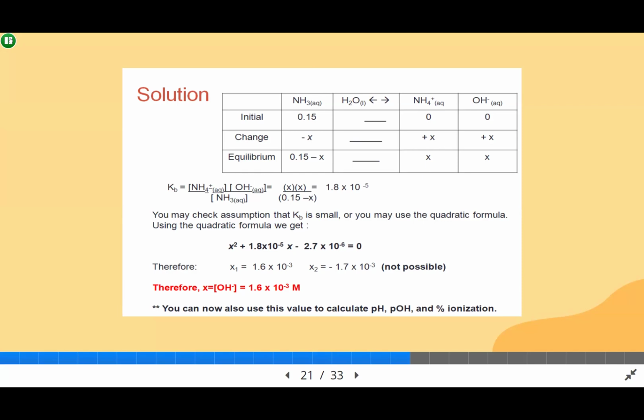Fill those in for X. Solve that, or simplify using the quadratic formula, taking the positive value, and therefore X is equal to the concentration of OH minus, which is 1.6 times 10 to the negative 3. We can now use that value with our other formulas to calculate pH, pOH, and percent ionization, remembering our logarithmic formulas and our P formula.